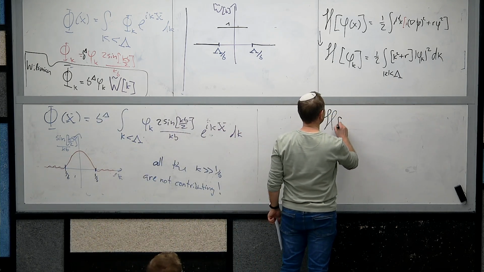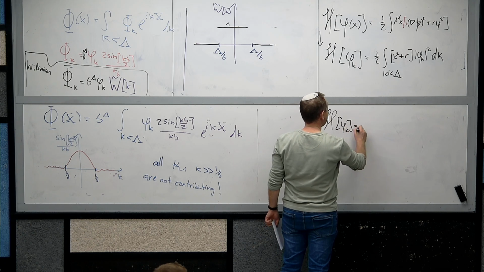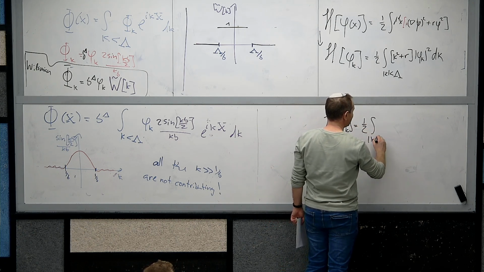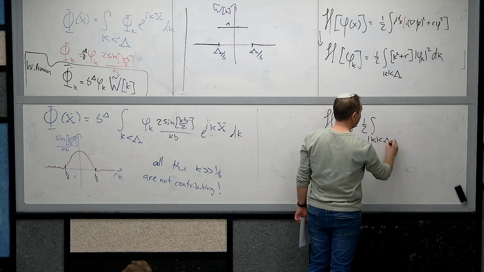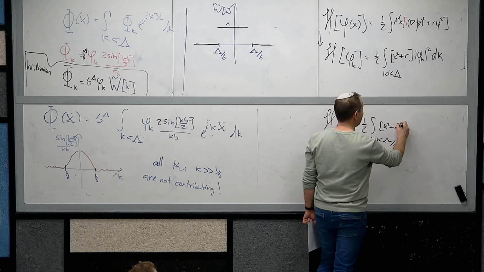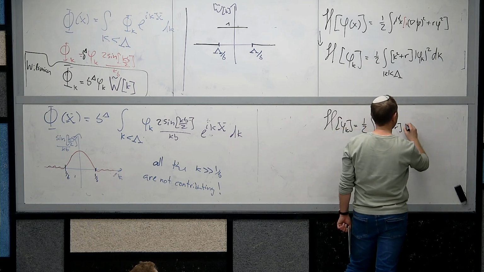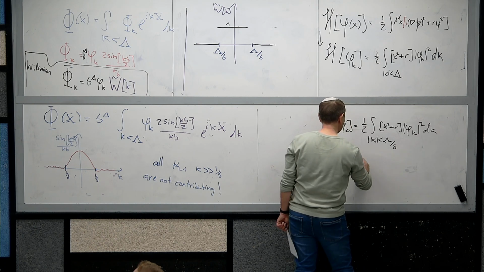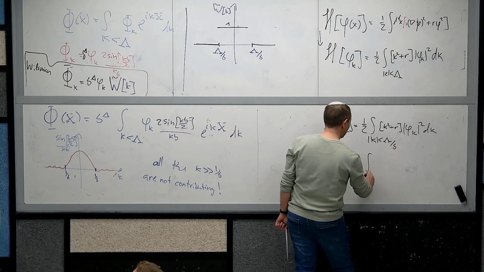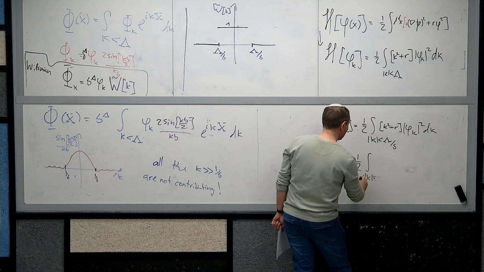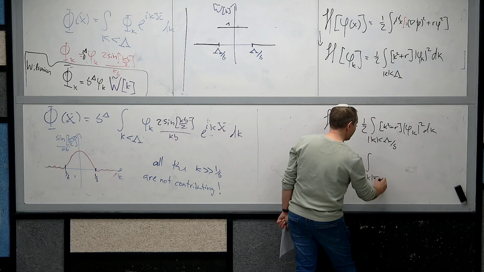H of phi of k equals 1/2 an integral k smaller than lambda divided by b of k squared plus r, phi k absolute value squared dk, plus 1/2 an integral over k larger than lambda divided by b and smaller than lambda.